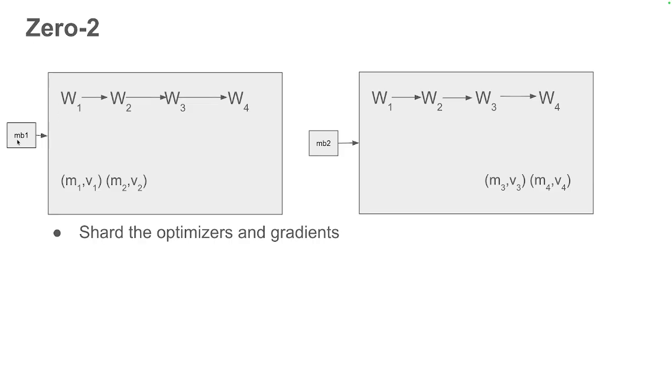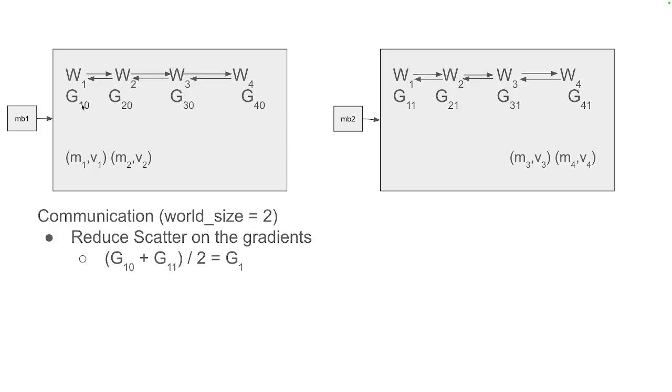So we have a similar setup: one GPU, one micro batch, 4 weights, and the optimizers are also sharded. Now in each device we calculate the gradients, G1, G2 and so on. And now instead of doing an all reduce, we'll be doing reduce scatter.